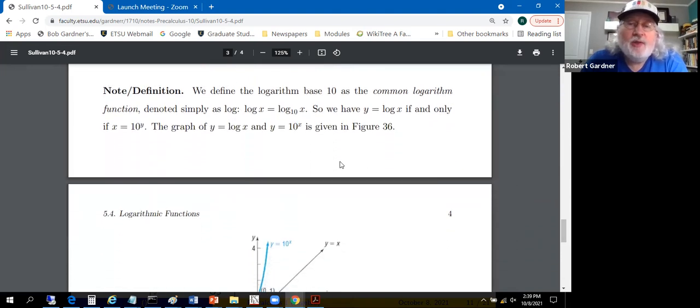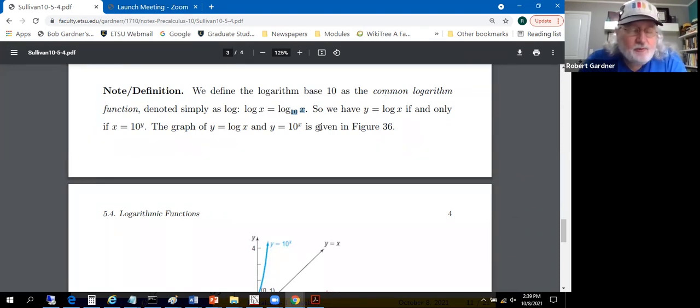Another logarithm that you may encounter in some settings is called the common logarithm. The common log function is log base 10. Sometimes that's denoted simply as log of x. They don't write the base down, since we have a base 10 number system. Base 10 logarithms seem like a common thing to do, maybe even a natural thing to do.